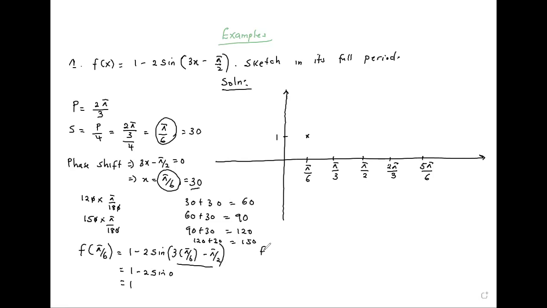Our next angle is pi over 3. So we have 1 minus 2 sine of 3 pi over 3 minus pi over 6. This is 1 minus 2 sine of pi minus pi over 6. That is 180 minus 30, which is 150.